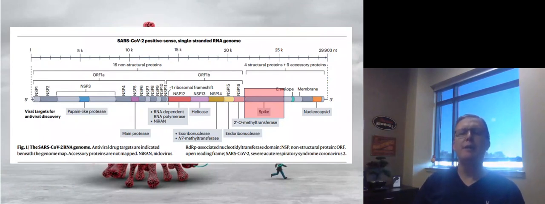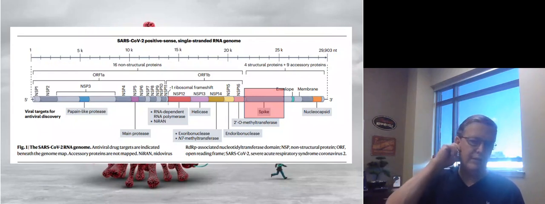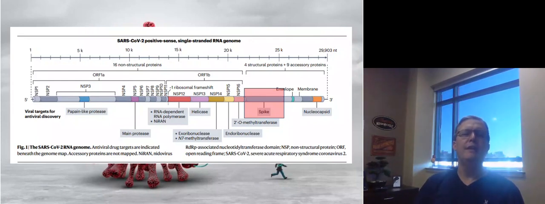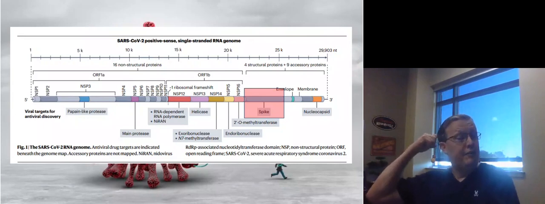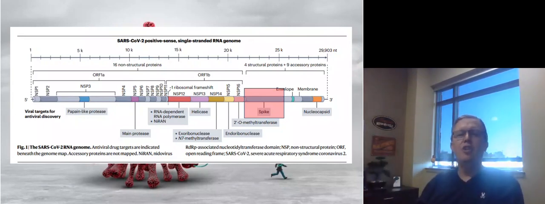Now, what I have here is a schematic of the genome of the SARS-CoV-2. All of these genomes have been mapped. This is a reference that enabled me to find this picture of the layout of the genome of the SARS-CoV-2. I don't expect you to know this. What I want you to understand from this is how this is related to the vaccine.